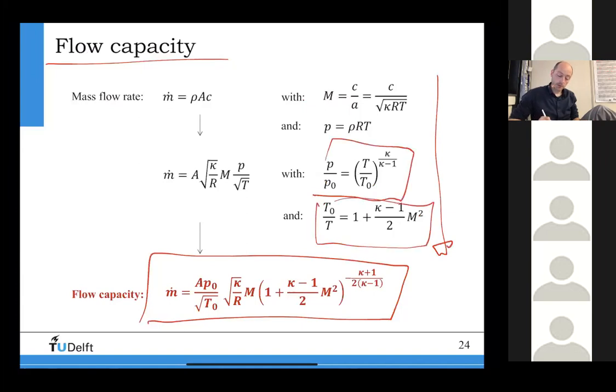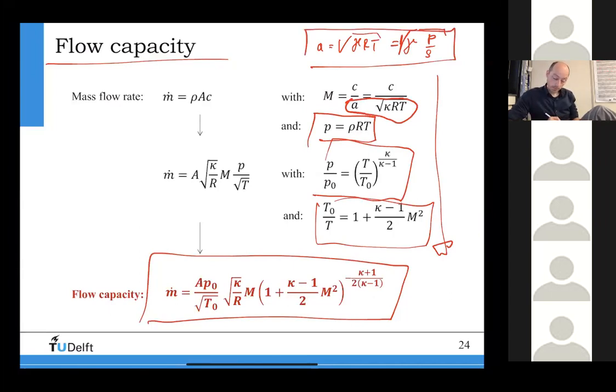This is also the isentropic relation for the definition of total entropy. The equation of state is P = ρRT, and the speed of sound is this here. So for an ideal gas, the speed of sound is nothing else than √(κRT), or also √(κP/ρ), right?